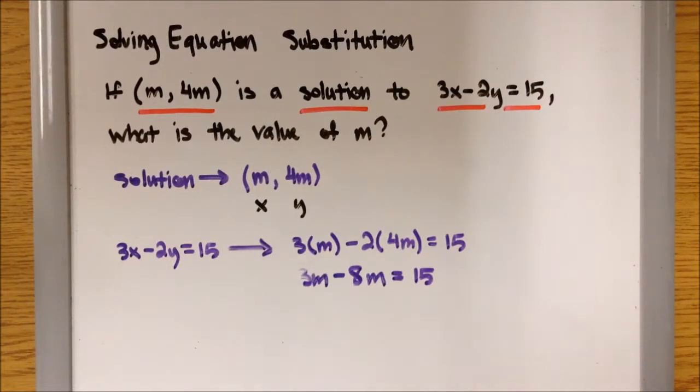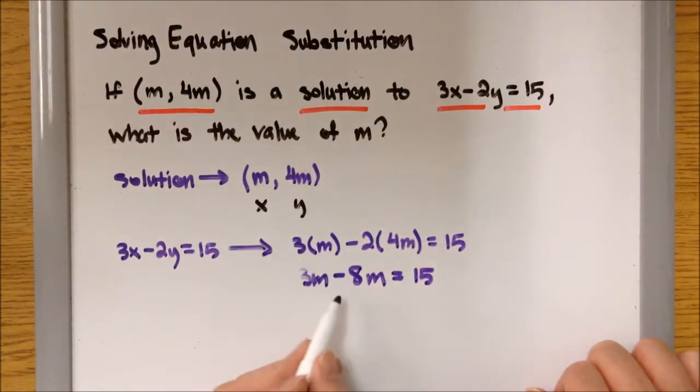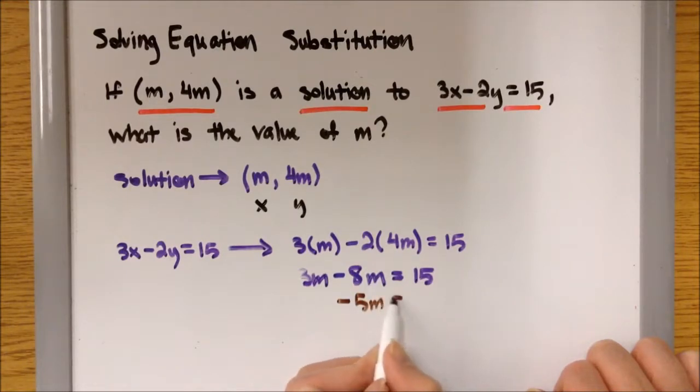Alright, next thing is 3m minus 8m. We can actually combine them because they both have the same variable. So let's combine them. 3m minus 8m, when we combine it, will be negative 5m equals 15.